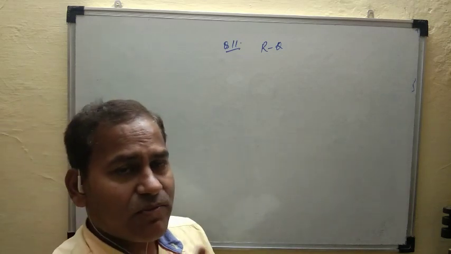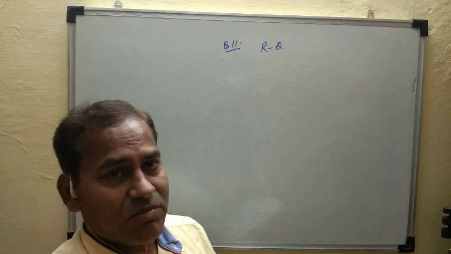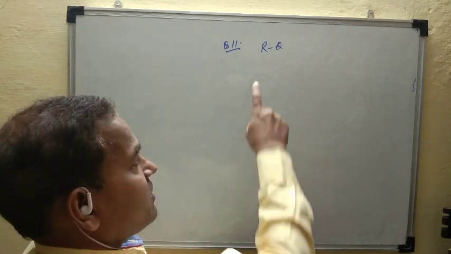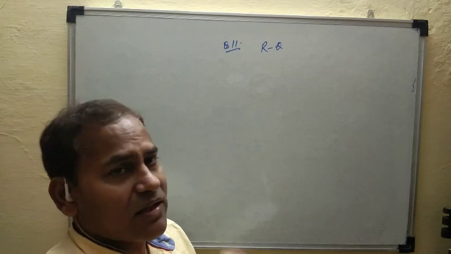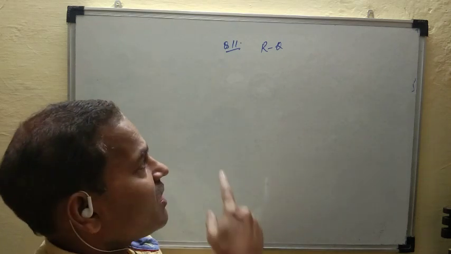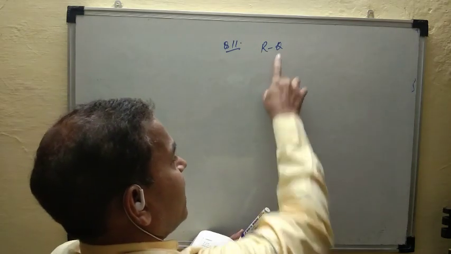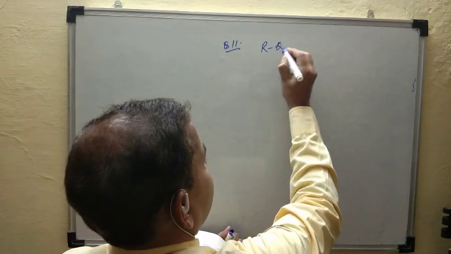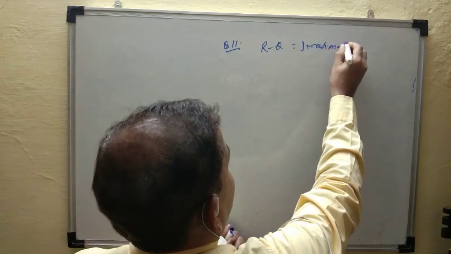R is the set of real numbers and Q is the set of rational numbers. And you know that real numbers are the set of rational and irrational numbers. So R minus Q, that is real numbers minus rational numbers, is equal to irrational numbers.